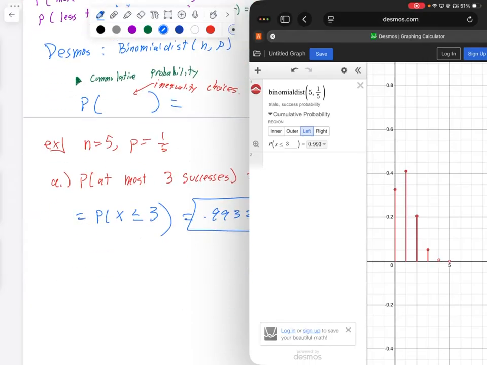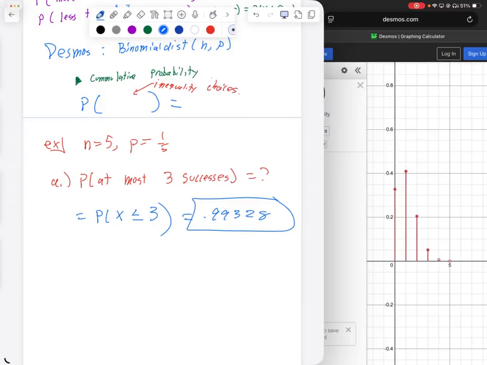What happens if I want question B, which was the second question I asked you? What's the probability that you had at least 3? Okay, we change this to an inequality. This was x is greater than or equal to 3.